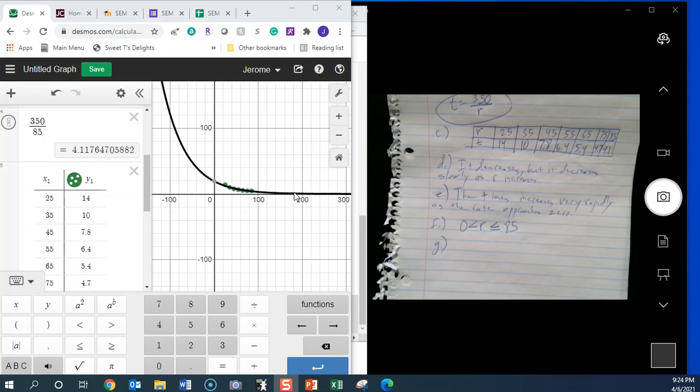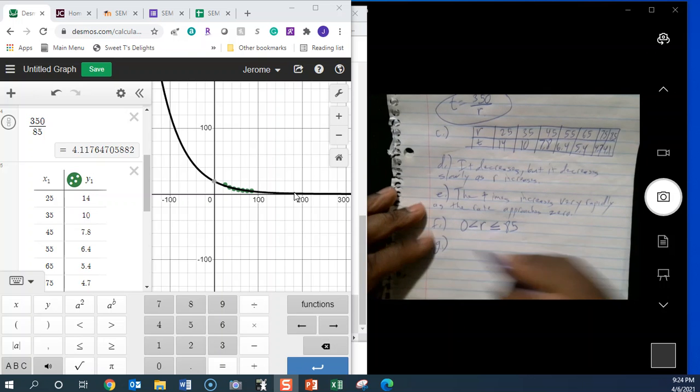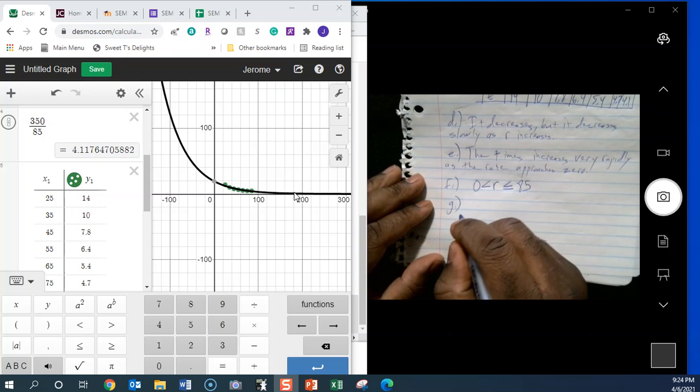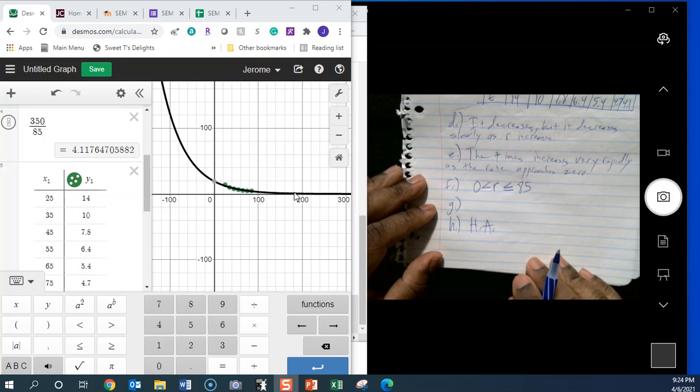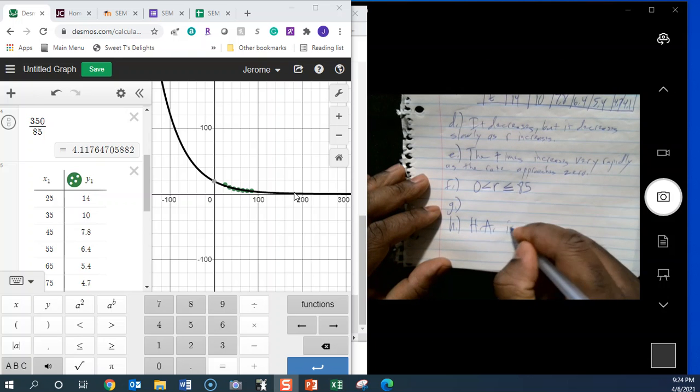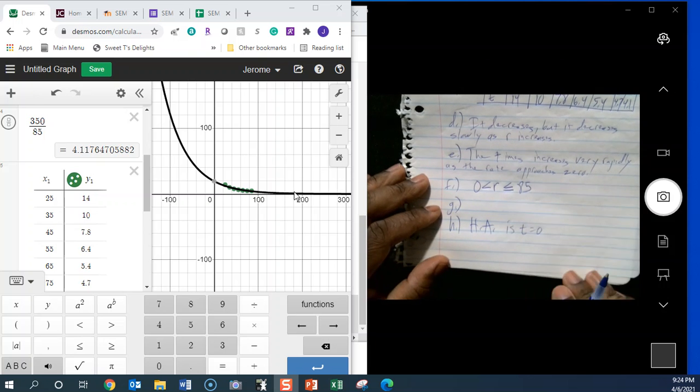So basically, your horizontal asymptote, and I'm going to abbreviate this as H, is T equals 0, because that's the restriction on it. And then the vertical asymptote is where R is equal to 0.